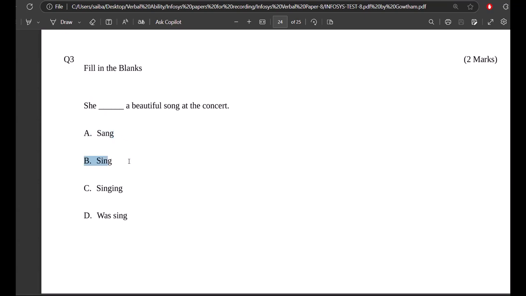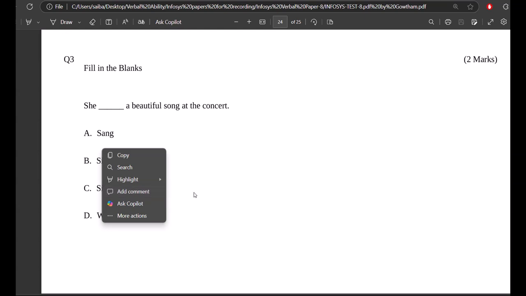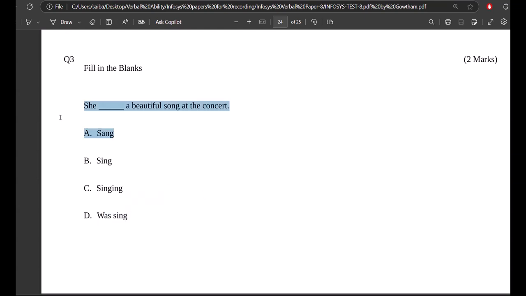So sing doesn't come, because whenever we are using she, we have to use a singular verb, that is sings. She sings. But sing is not a correct verb here. She singing, it doesn't come. We have to use a helping verb, she is singing or something like that. She was sing, this is incorrect again. So the only correct option is she sang a beautiful song at the concert.